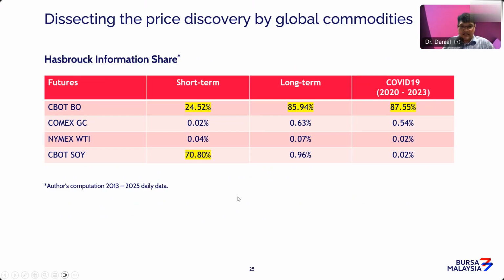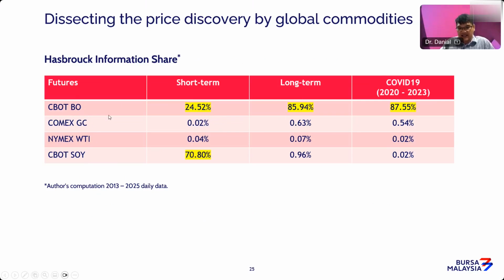All right, again, the information share out of these four: soybean oil, gold, crude oil, NYMEX WTI, and also soybean. I would say that for the short term, try to refer to soybean more than soybean oil, because soybean contributes more to the price movement than soybean oil.